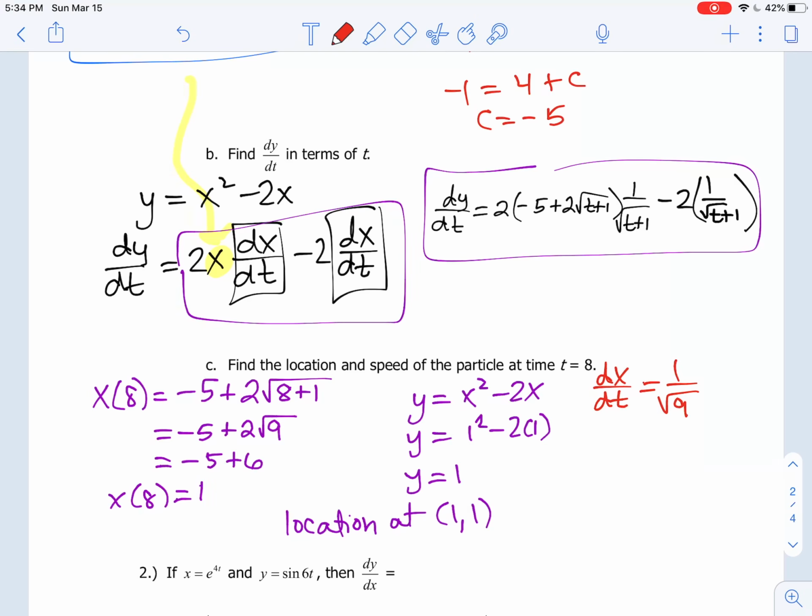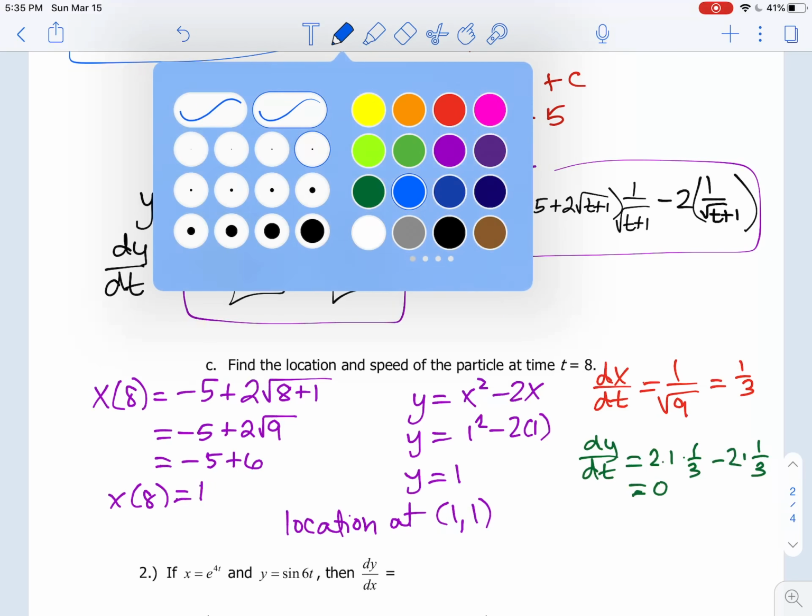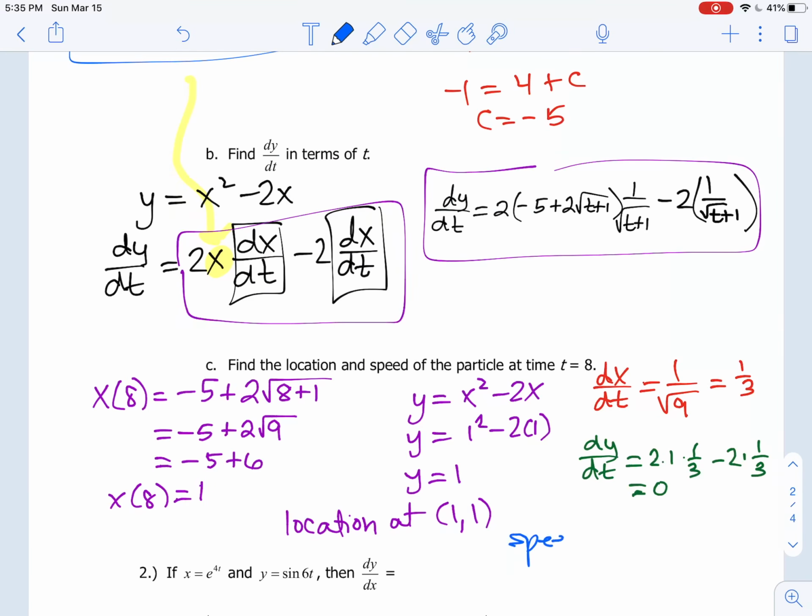So dx/dt is going to be 1/3. dy/dt is going to be 2 times 1 times 1/3 minus 2 times 1/3. Oh, that looks like 0, doesn't it? Well, so then my speed is going to be the square root of 1/3 squared plus 0 squared, or just 1/3.